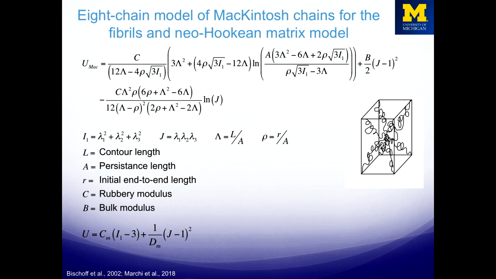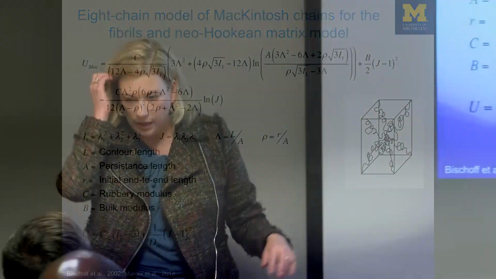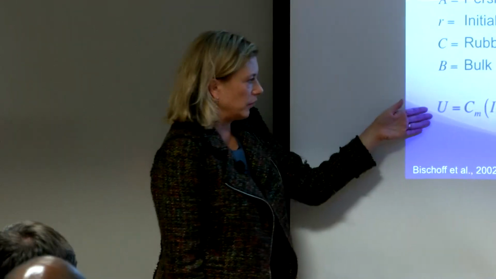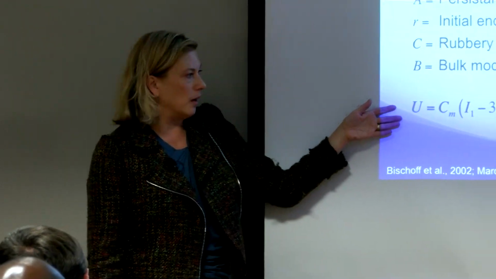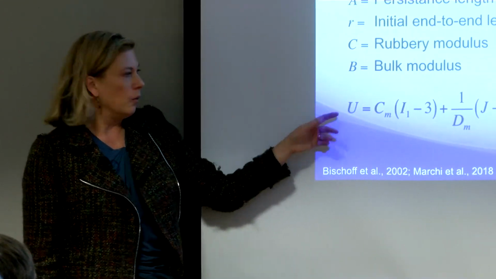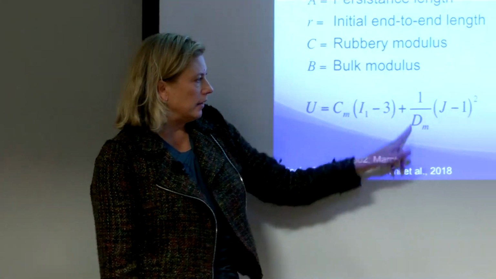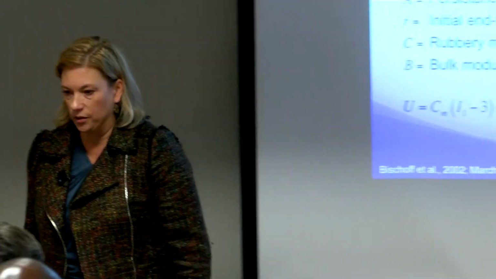And mostly for computational purposes, you want some volume change, so we put a bulk modulus in there instead of making it incompressible. So that's our fiber model. Then for the matrix, we just described it as neo-Hookean with, again, a modulus term and a compressibility term.